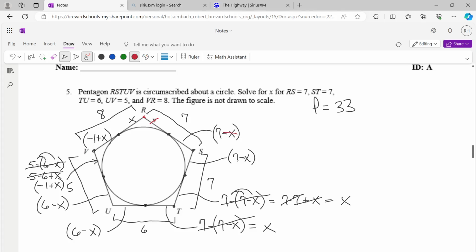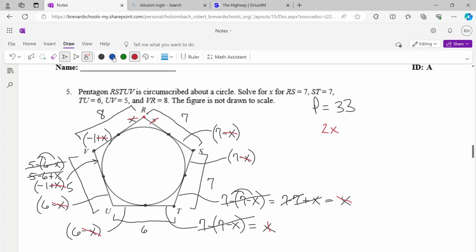And then I've got a negative x and another x, and those two cancel out. Then I've got an x and a minus x, and those two cancel out. And then a negative x and a positive x. Those two cancel each other out. And then finally we have an x plus an x, which is 2x. So those are all the x's combined.